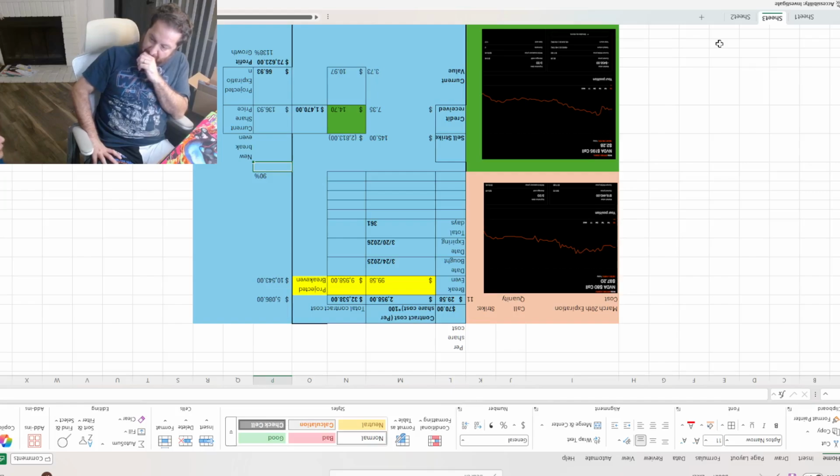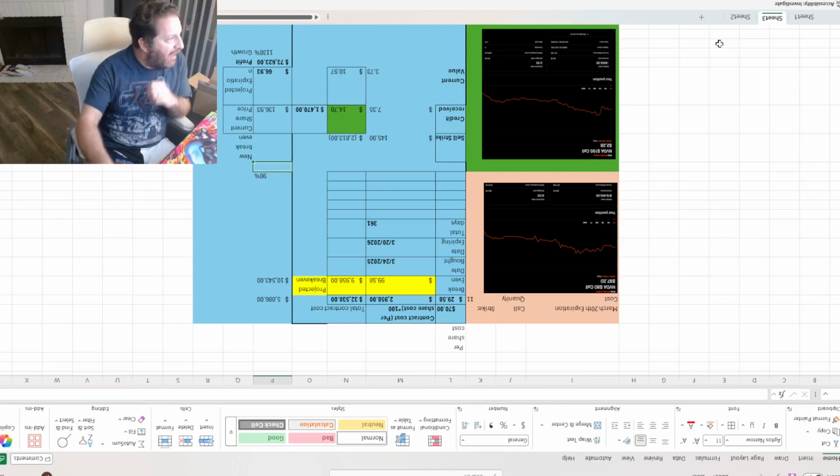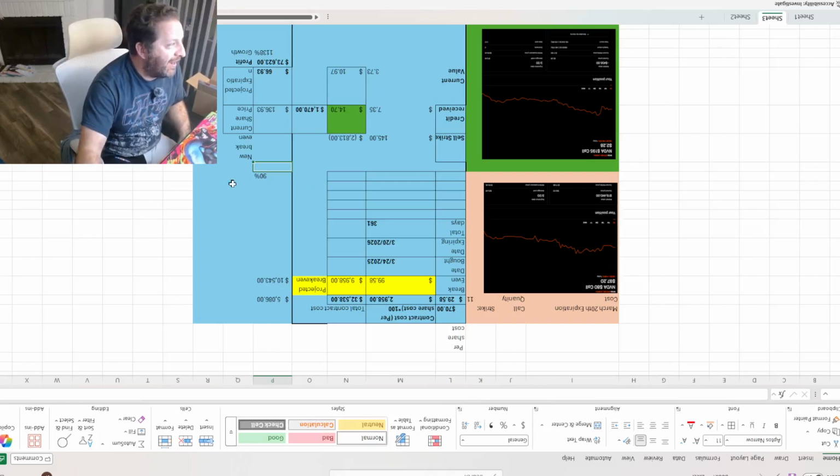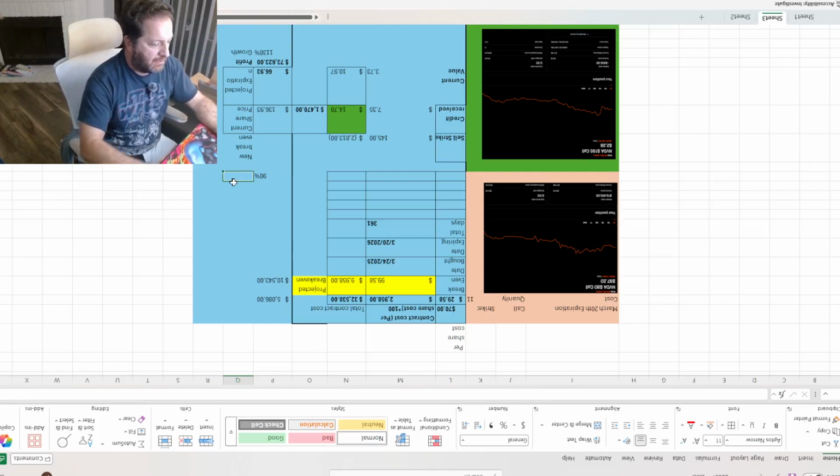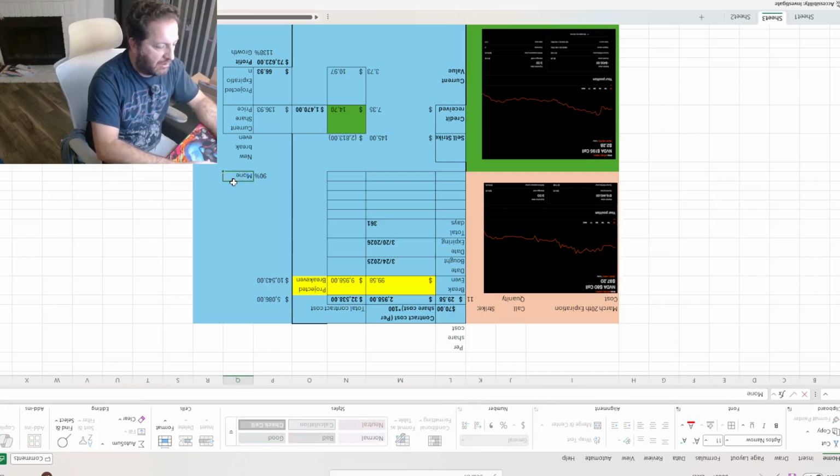Label it. Don't leave it floating. How do you do that? Okay. We'll write exactly what the equation is. It's money invested. So cost divided by days.